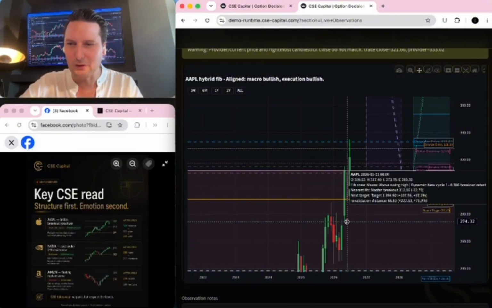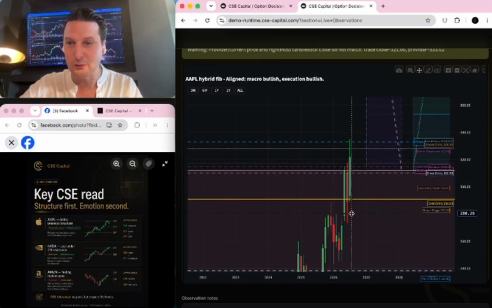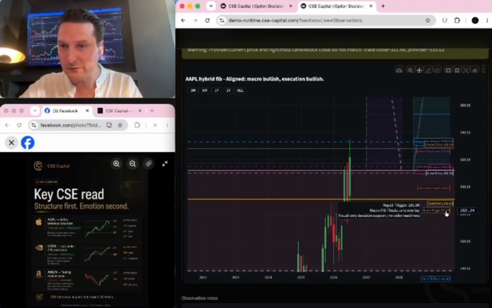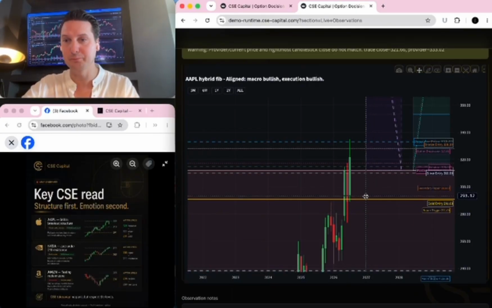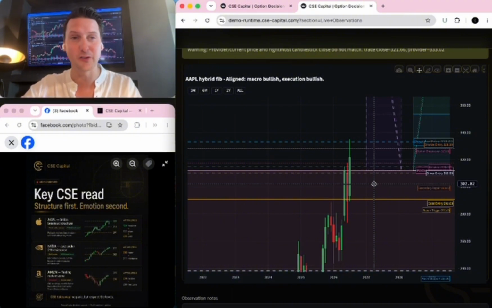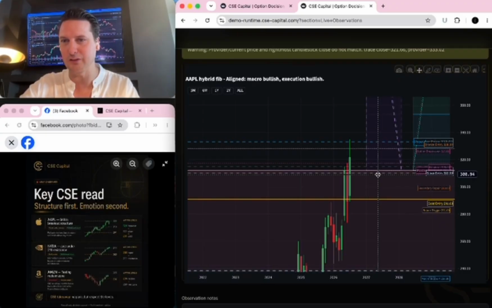And here we saw it testing the lower support levels, but then it reclaimed. And here you see the repair trigger was 291. And when the repair trigger was reclaimed, I stepped in with a few positions. And then it started to rise again. And you can see, so that was the golden entry. And then we have, when you are a little bit too late, when you are sleeping, then you can still step in at the silver entry.